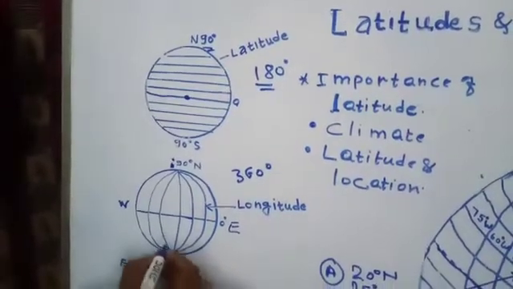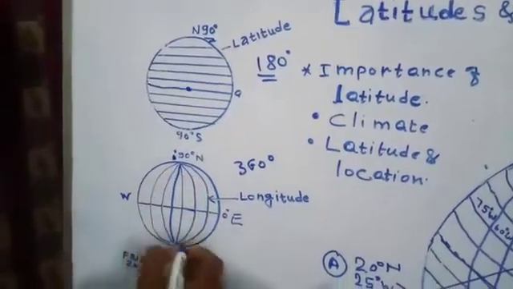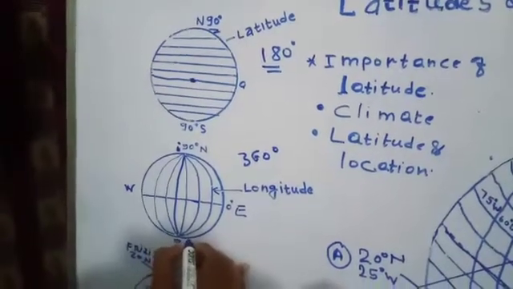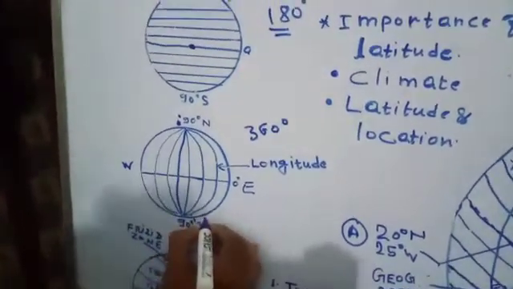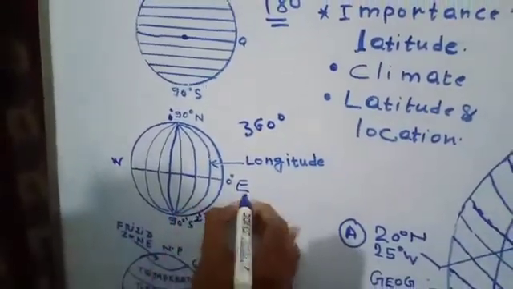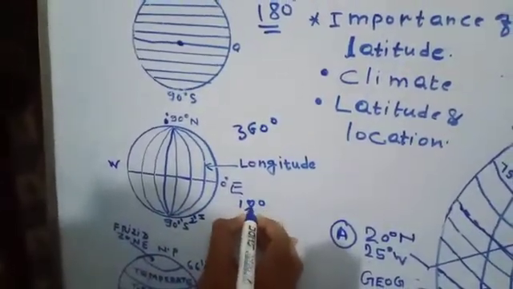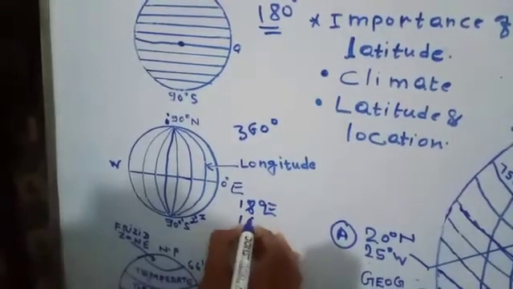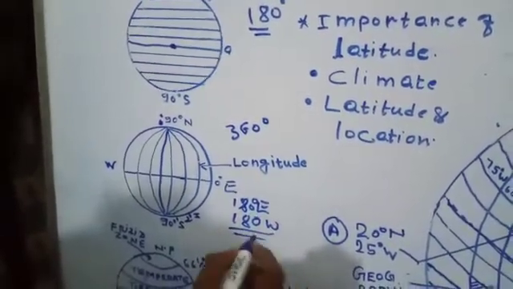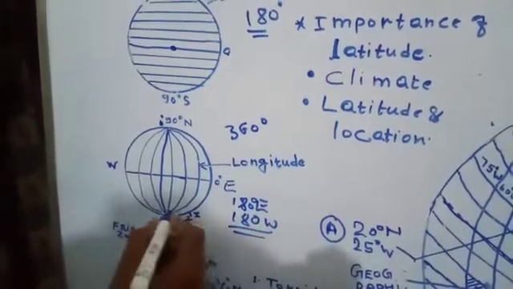We can mark different longitudes with an interval of 1 degree: 1 degree longitude, 2 degree longitude, 3 degree. So there are 180 in the east and 180 in the west. So in total it comes to 360.